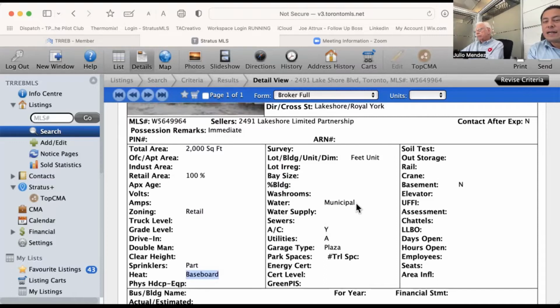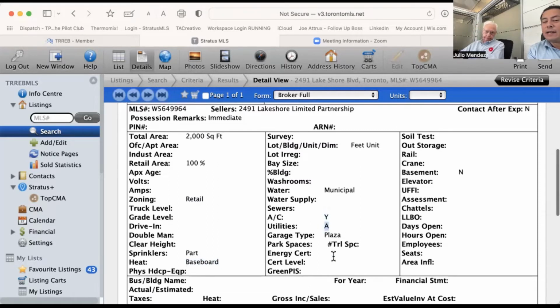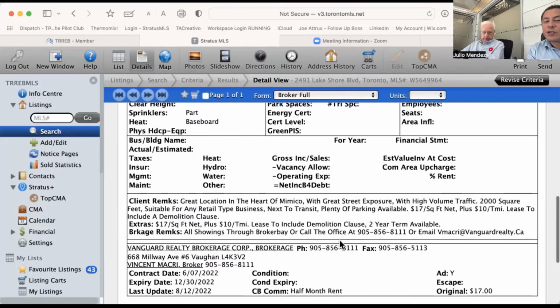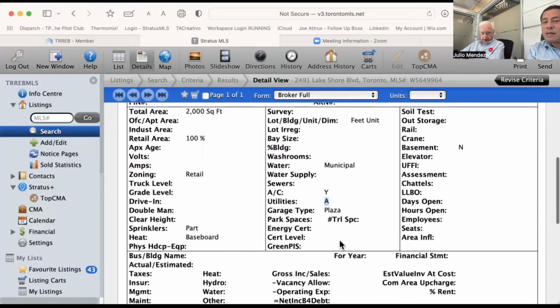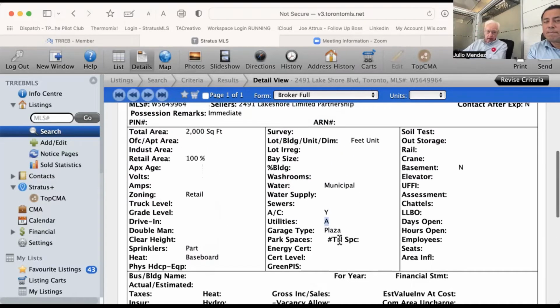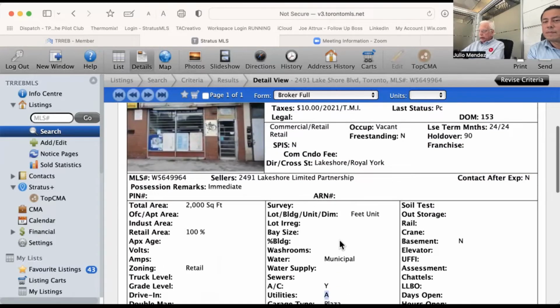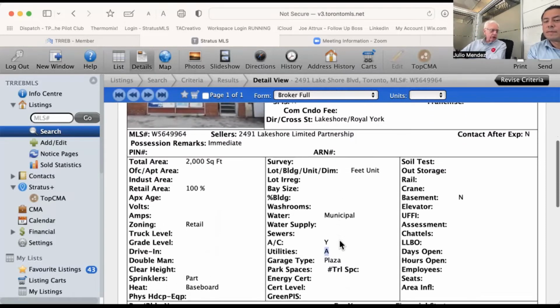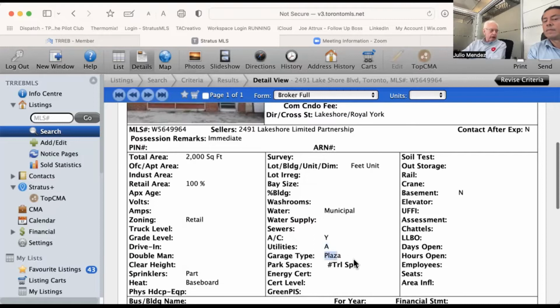Water, municipal, AC, yes. Utilities. Anyway. Garage type, plaza. So spell out parking if there's parking available in the listing, because sometimes in retail commercial, similar along Dundas, like our old building at 5110 Dundas Street West, we had parking in the front.